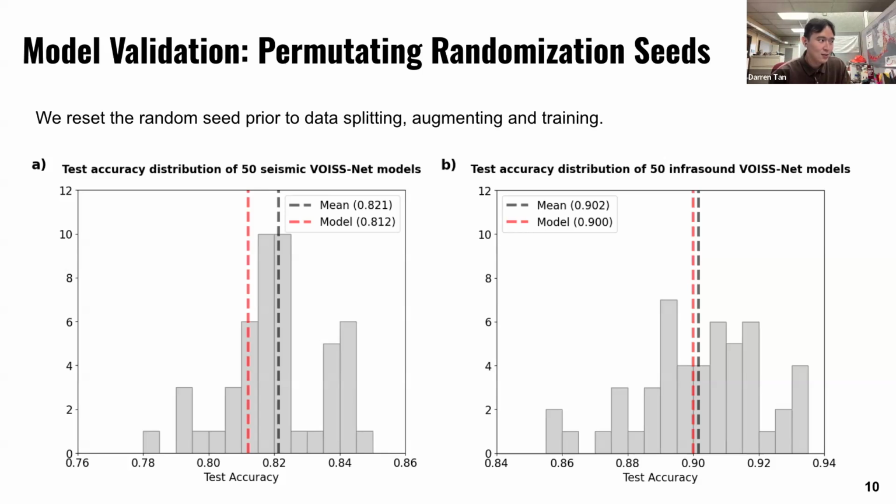So we do this whole data splitting process 50 different times for each model, so that when we compile the test accuracies, we can see a histogram to make sure that our selected model in red does not differ too far from the mean performance, because we don't want a particularly fortunate or biased draw when we do training.